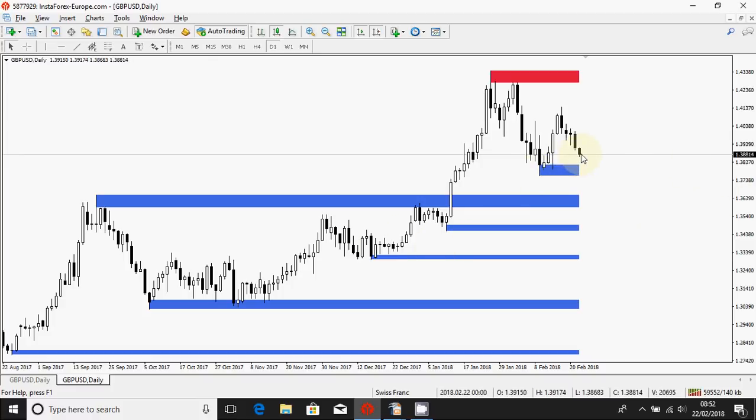As you can see, as we speak, price is approaching our support zone. So you should be ready. It doesn't mean as soon as it touches here, you should buy, that it will reverse. It's just telling you there's a probability that it may reverse. So be ready.